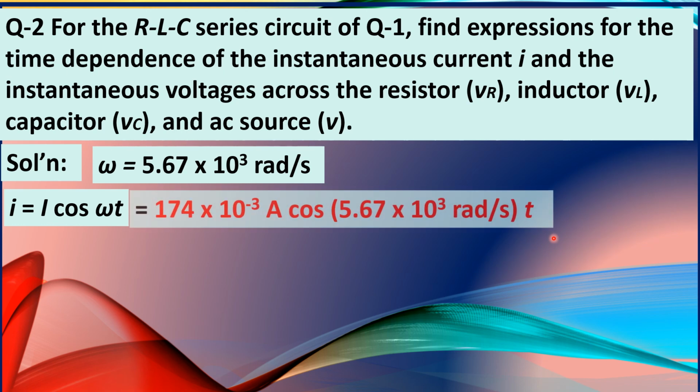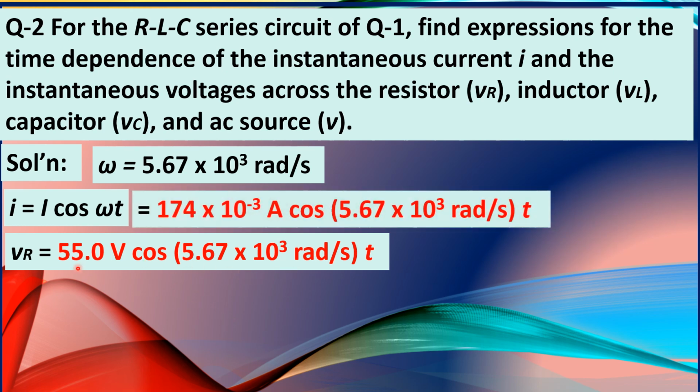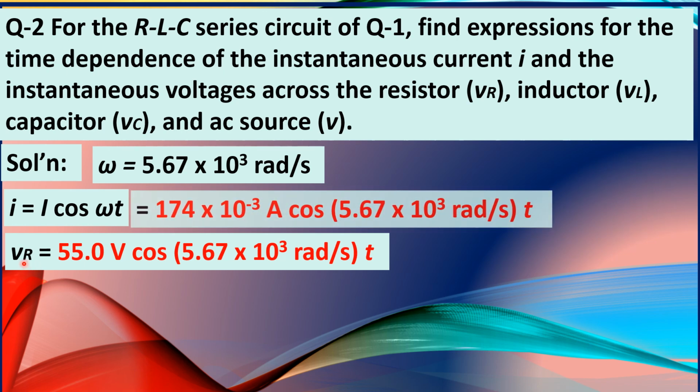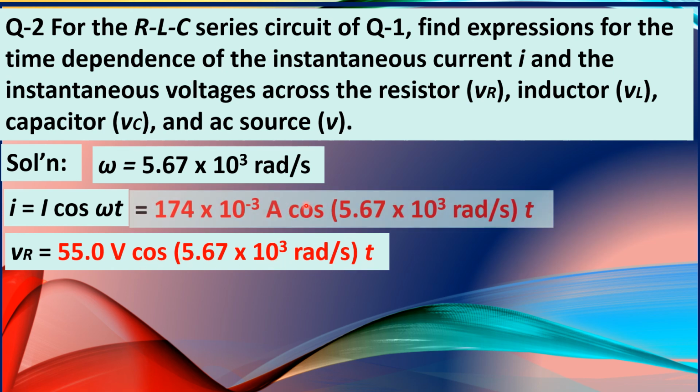And for each of the instantaneous voltages, first we have the instantaneous voltage across the resistor, labeled as small letter v sub R. Since this is the voltage across the resistor, this phasor is in phase with the current phasor, so we just pattern this equation after that of the current i.